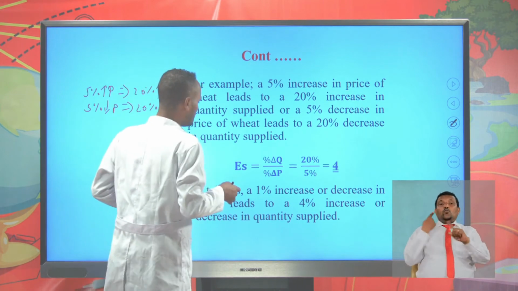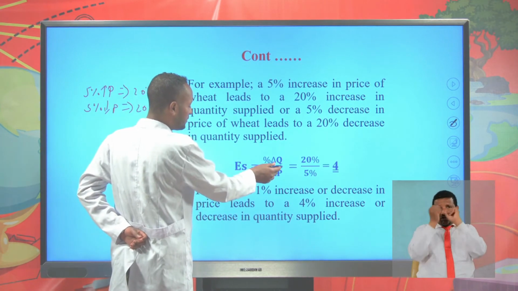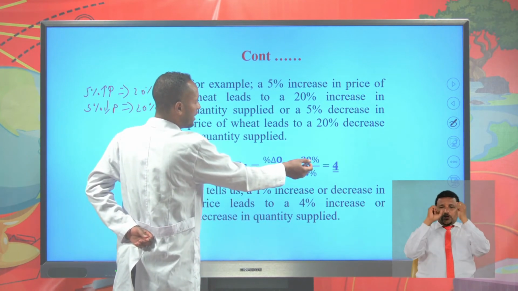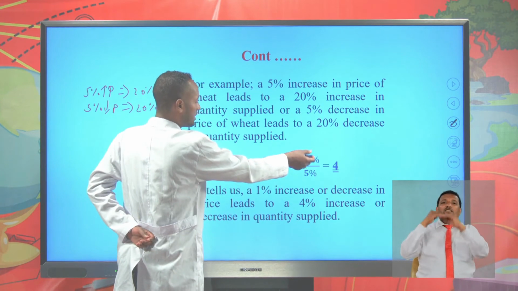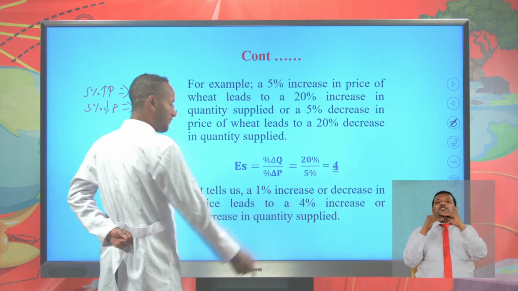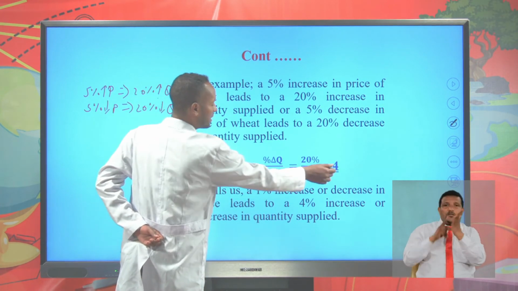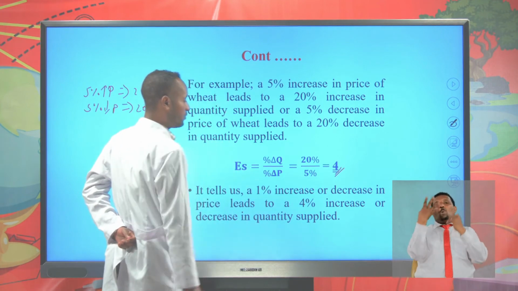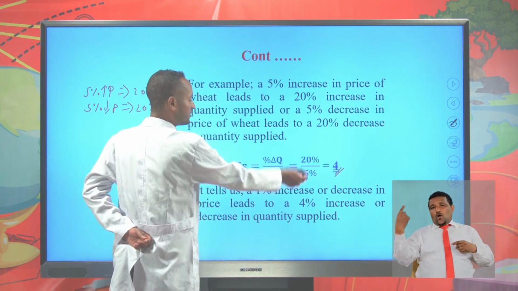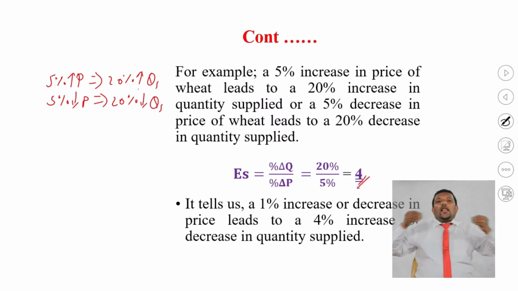From this example, the price elasticity of supply is calculated by dividing the percentage change in quantity supplied by the percentage change in price, which is equal to a 20% increase or decrease in quantity supplied caused by a 5% increase or decrease in price, and mathematically we are left with 4 when we cancel percent for percent, 20 divided by 5 is 4, and then the price elasticity of supply is 4.